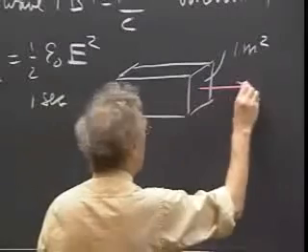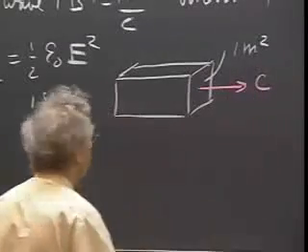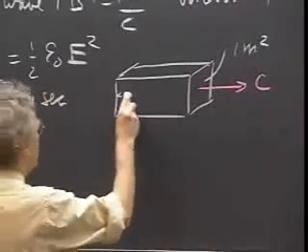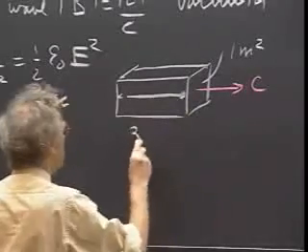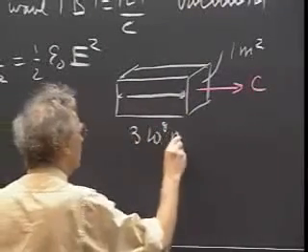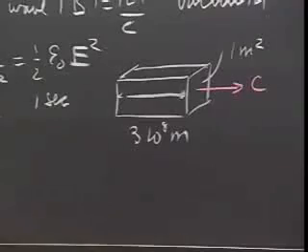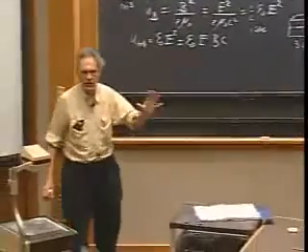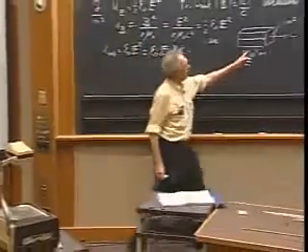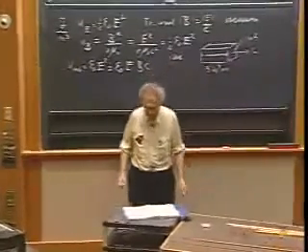So the radiation is flowing in this direction with speed c. So in 1 second, this box is quite a large box, 3 times 10 to the 8 meters. And all that energy which is in there will flow through this 1 square meter in the time of 1 second.